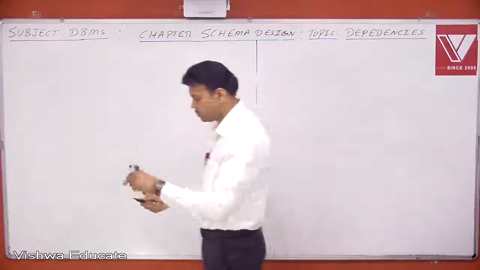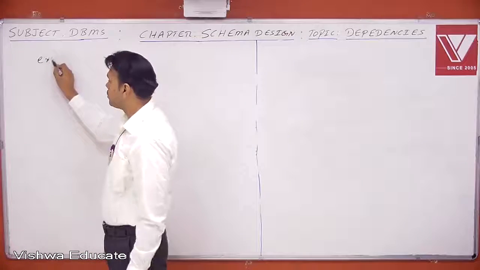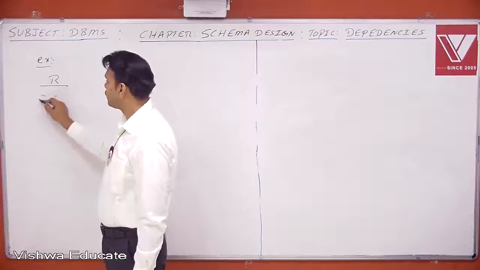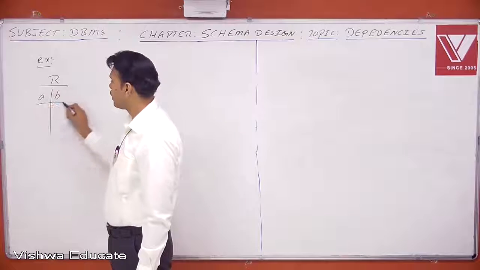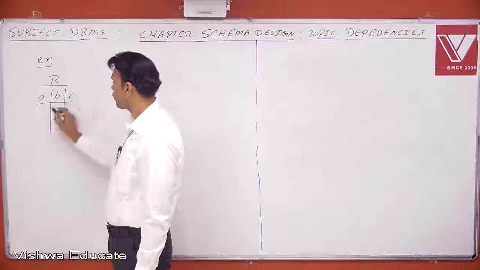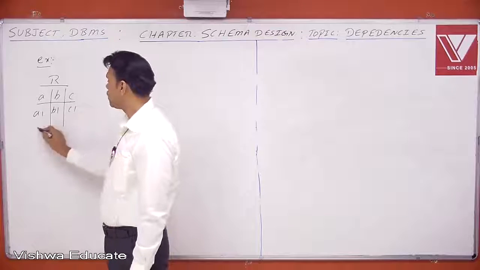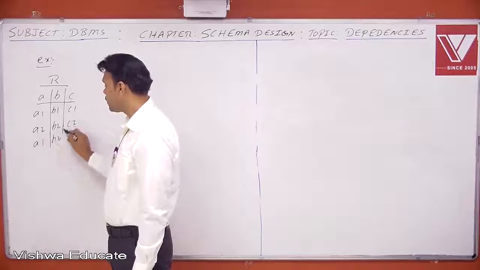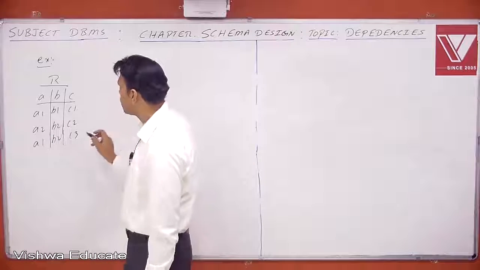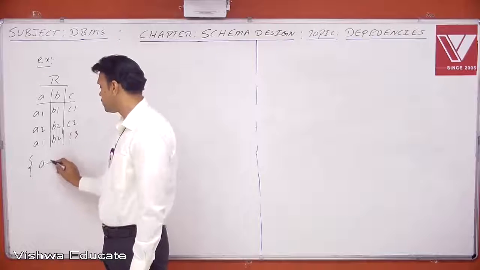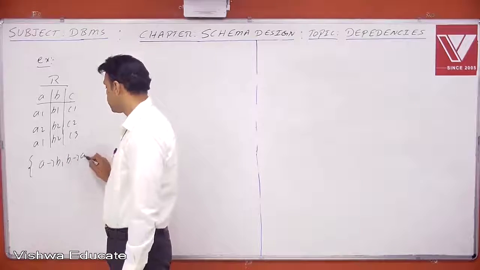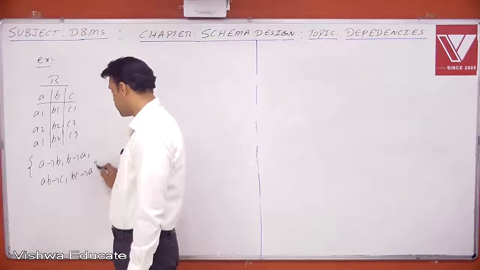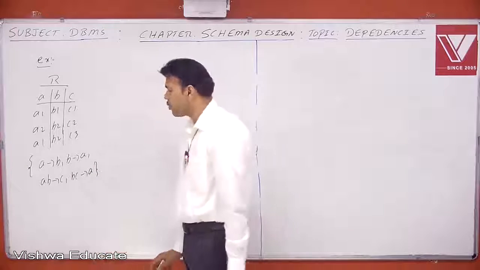For example, I am saying a table R which consists of A, B and C. So A1, B1, C1, A2, B2, C2, A1, B2, C3. It is asking to prove the following dependencies.